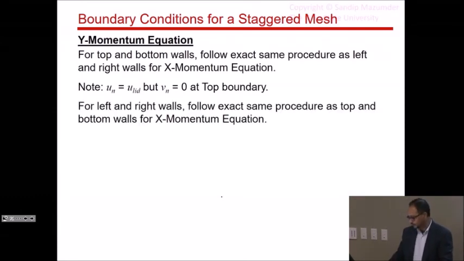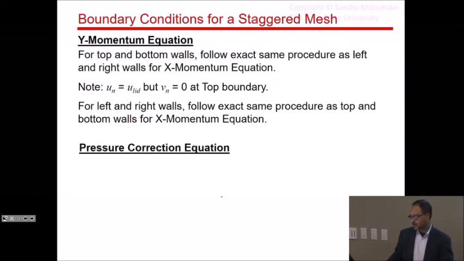So I'm not doing anything here. For left and right walls, follow exact same procedure as top and bottom walls for X momentum, except that, of course, you don't have V naught as equal to some value. Both velocities will be zero, both on left wall and right wall, okay? But that's the idea.